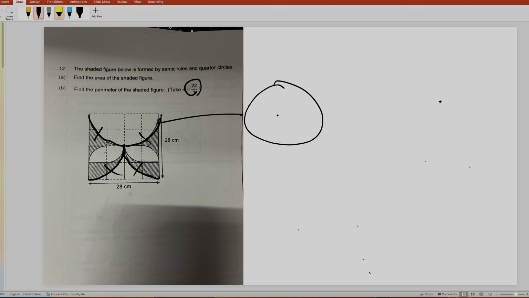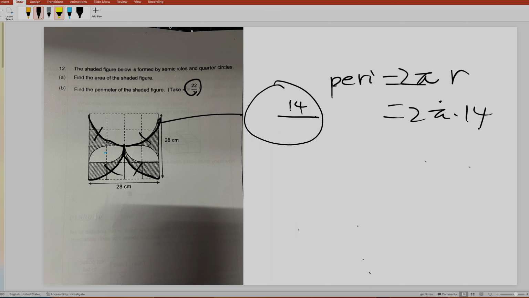With radius 14. So parameter is equal to 2 pi r, right? So therefore it's 2 pi 14. So this will give you this part. And your job is to figure out the rest.